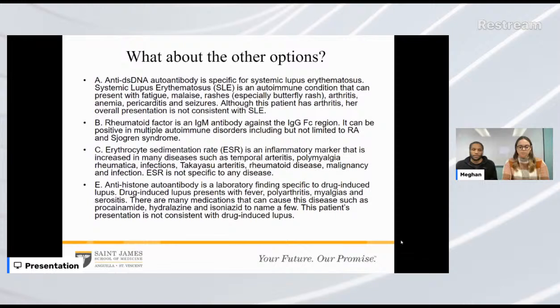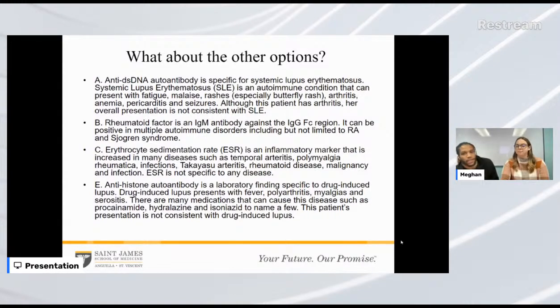Rheumatoid factor, like I was saying, is present in rheumatoid arthritis, Sjögren's syndrome, another autoimmune disease, and other processes that aren't listed here. But it is just an IgM antibody against the Fc region of an IgG antibody. So it's one antibody against another antibody.